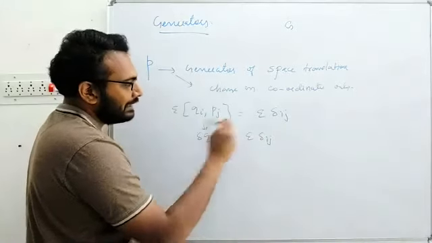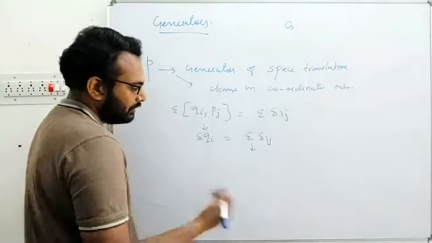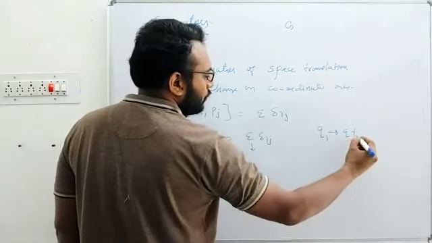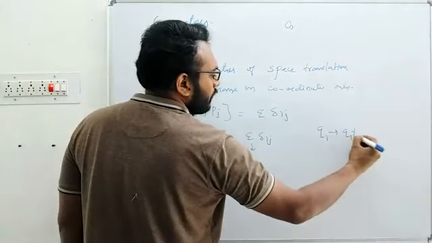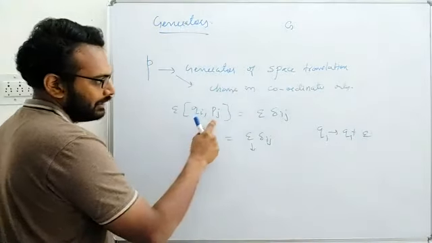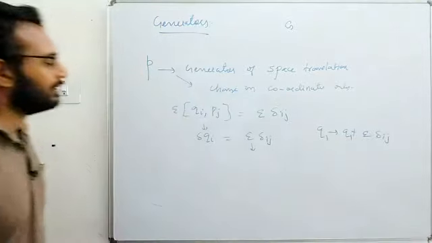If it's P1 here, it changes only Q1 by an amount epsilon. Okay, so basically it takes Qi to Qi plus epsilon, if the generator is Pi, or we can say Qi to Qi plus epsilon delta ij, right?